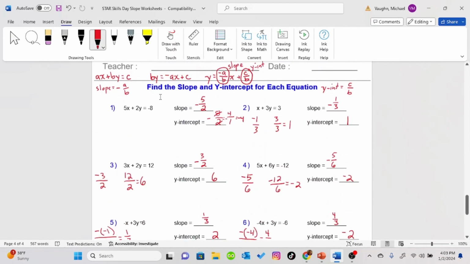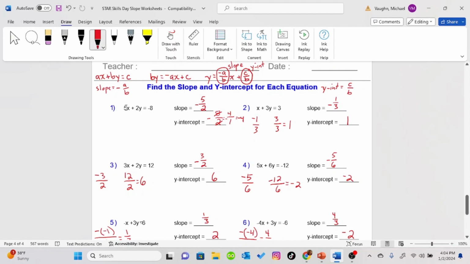And finally, we found the slope and the y-intercept using the standard form equation. Standard form equation is ax plus by equals c, and we found that the slope is negative a over b, and the y-intercept is c over b.